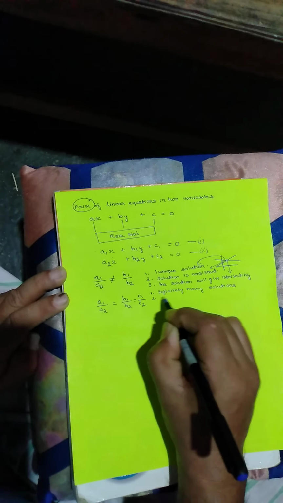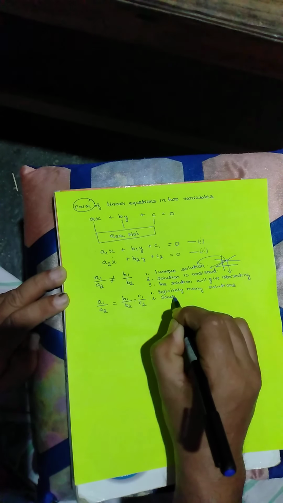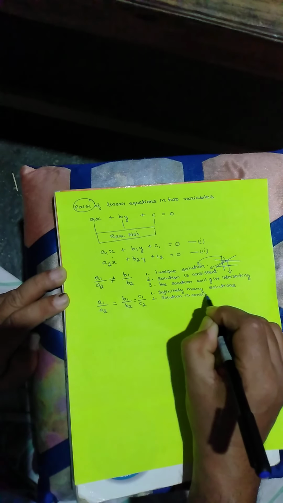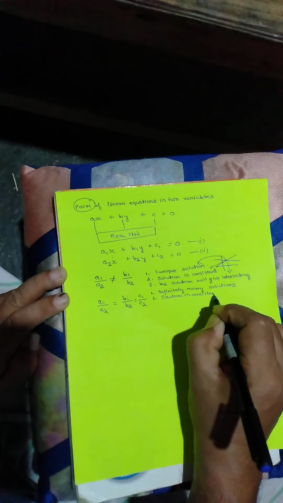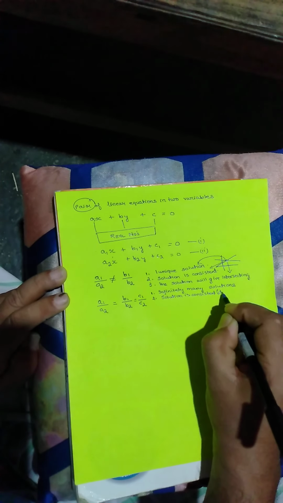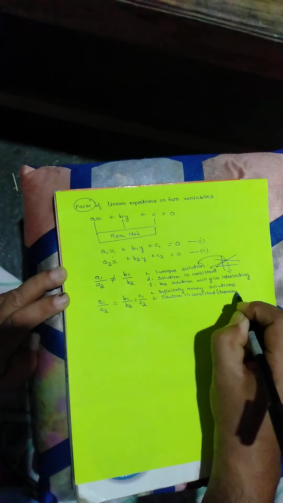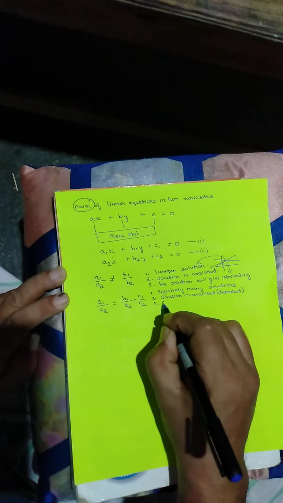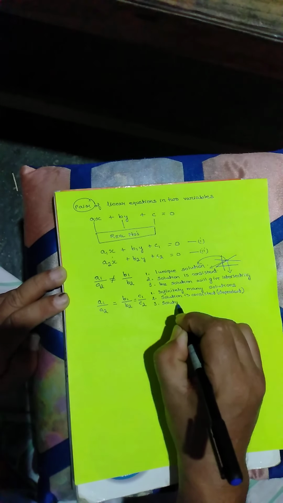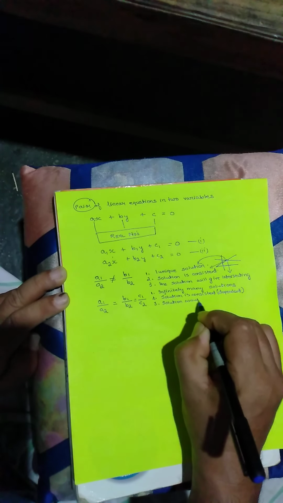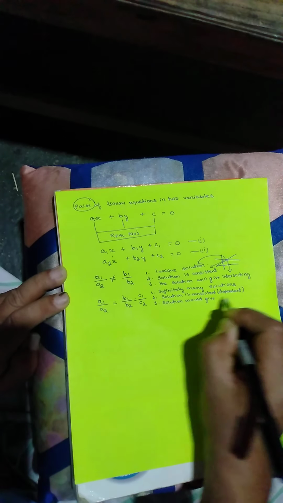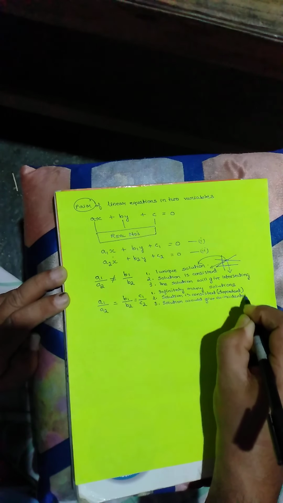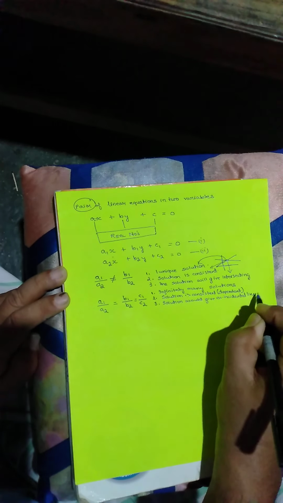Number two, the solution is consistent but dependent. And number three, the solution would give coincidental lines. What does that mean?